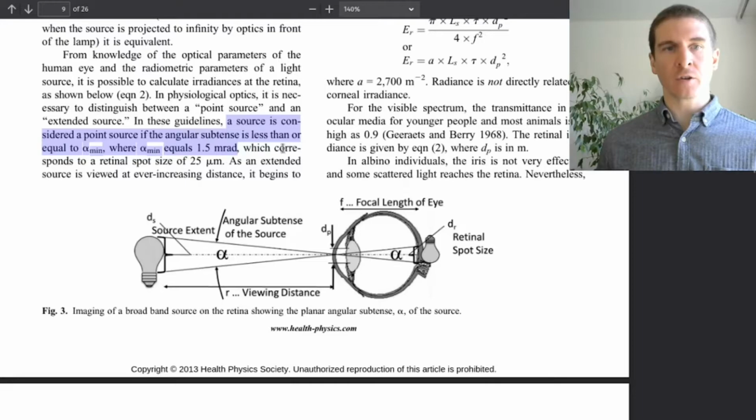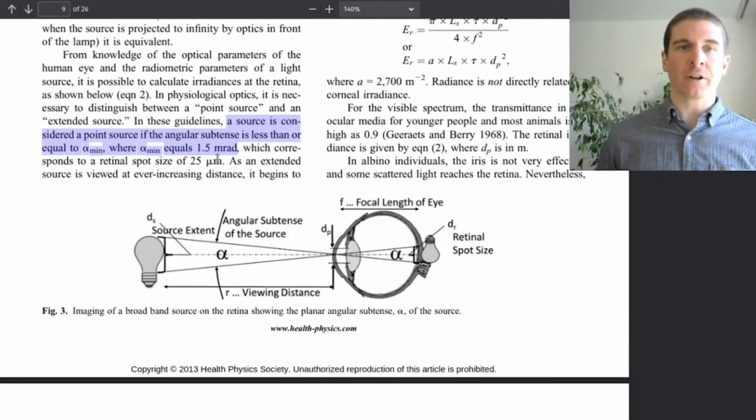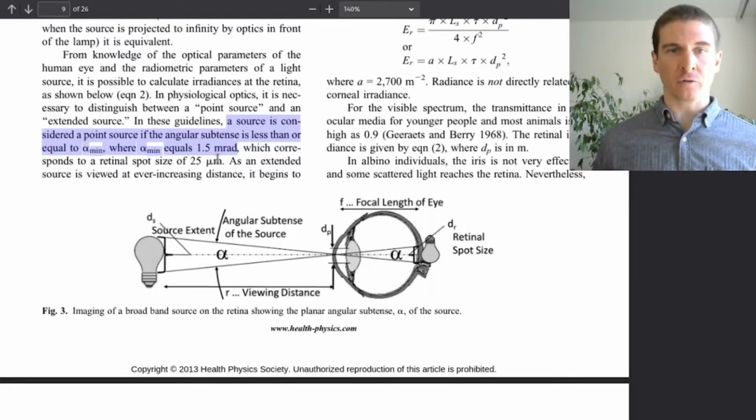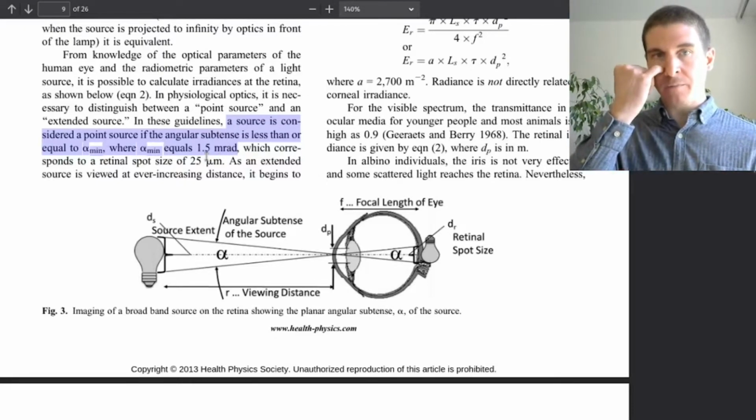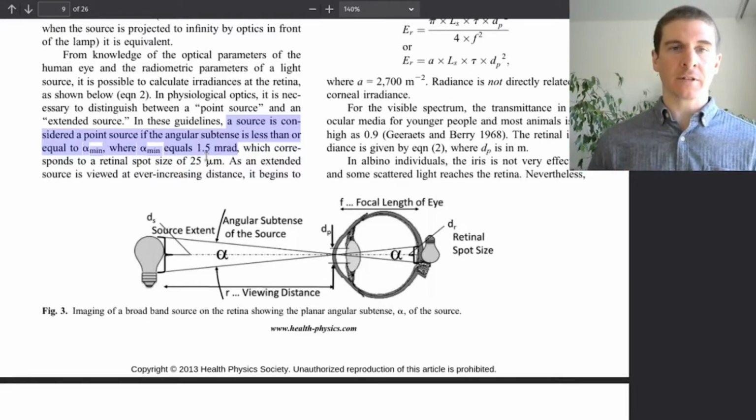As they say, this corresponds to a retinal spot size of 25 micrometers. That would cover in the fovea about a dozen cone receptors, so even the passive resolution of the eye is about an order of magnitude greater than what they state here, but in reality, with eye movements and all dynamic processes, the maximum resolution of the eye can be up to 80 times greater than this.